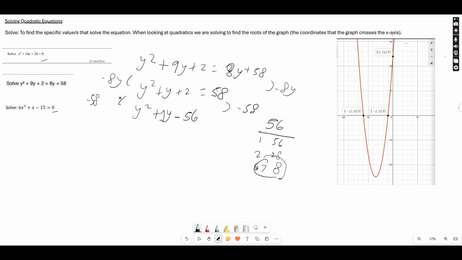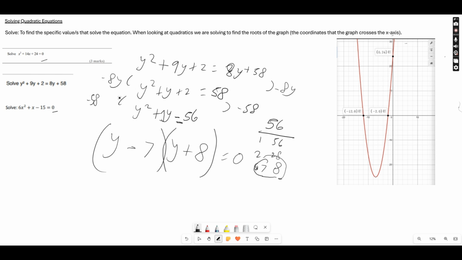So similar to before, I'm going to start each bracket with y, and then just have it equal 0, because that's what it needs to equal. And remember, we've got to make it a minus, so one of them has to be plus, and one of them has to be minus, okay? So we need to make positive, so it's going to be minus 7, plus 8.